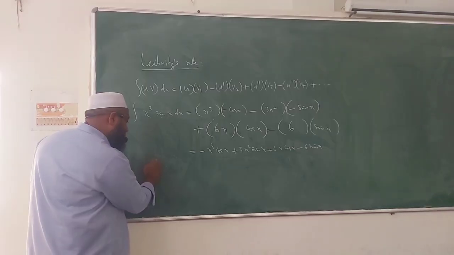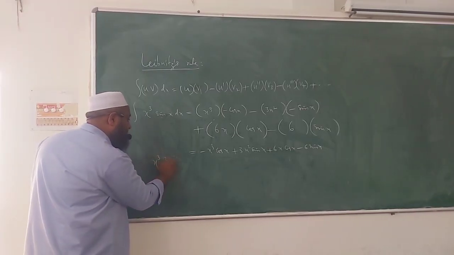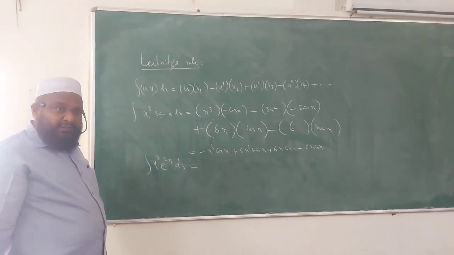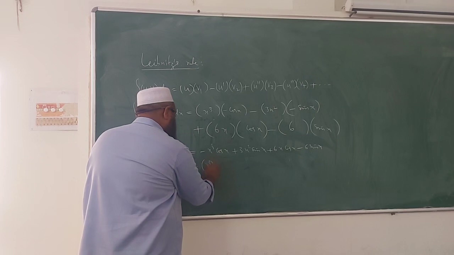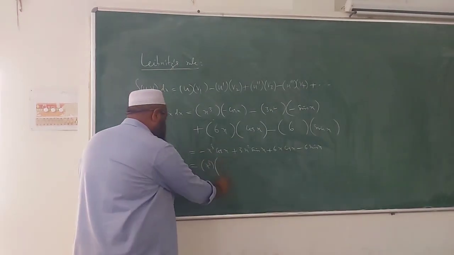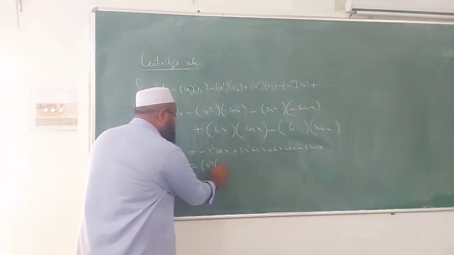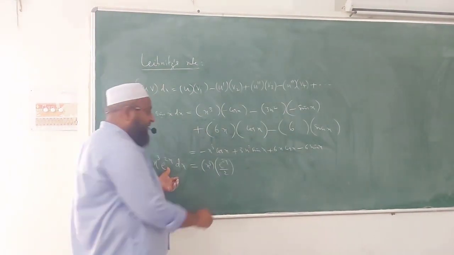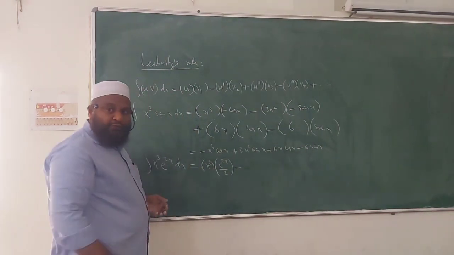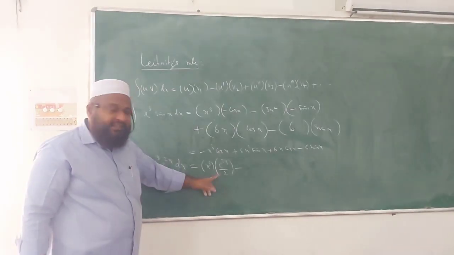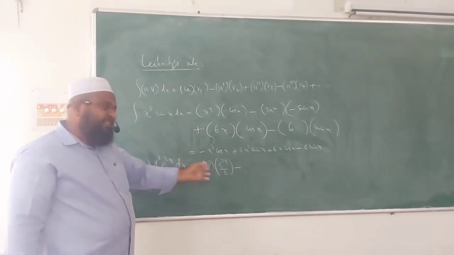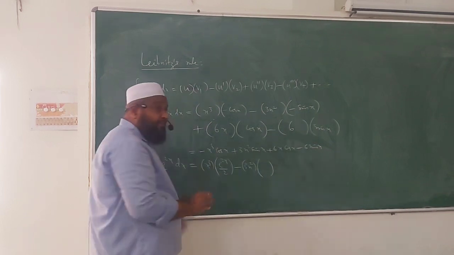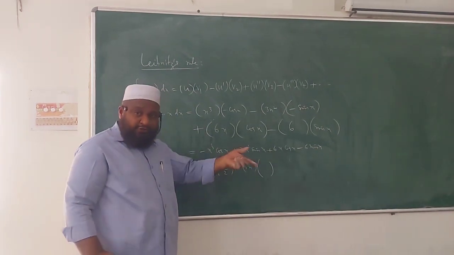Suppose you have x cube into e to the power of 2x dx. What we do? Come on, tell. First function x cube. Second function integral of this, e to the power of 2x by 2. Next, minus. Once you have written these two, first function as it is, second function integral, no need to see this part now. Just continue. 3x square. Integral for this bracket value, you have to find the integral.